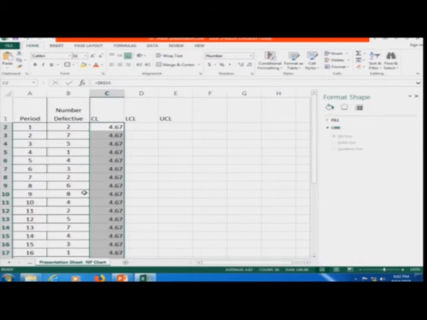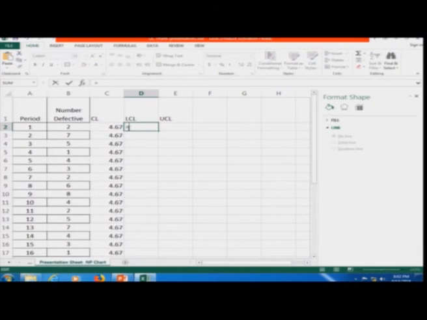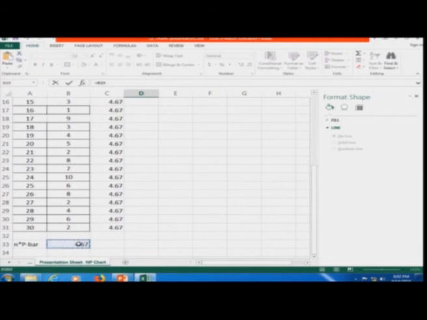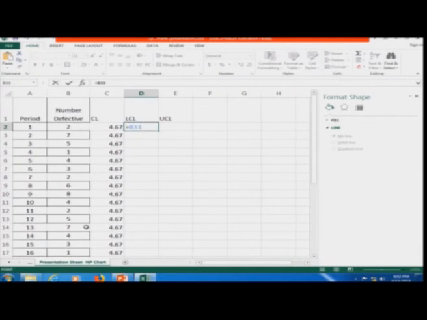So this is my center line. The lower control limit is equal to NP bar, that is this value, minus 3 times, 3 is my value of Z, the square root of NP bar into 1 minus P bar.